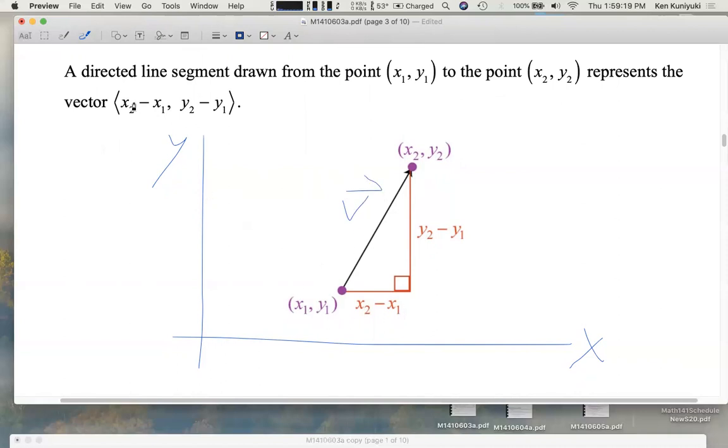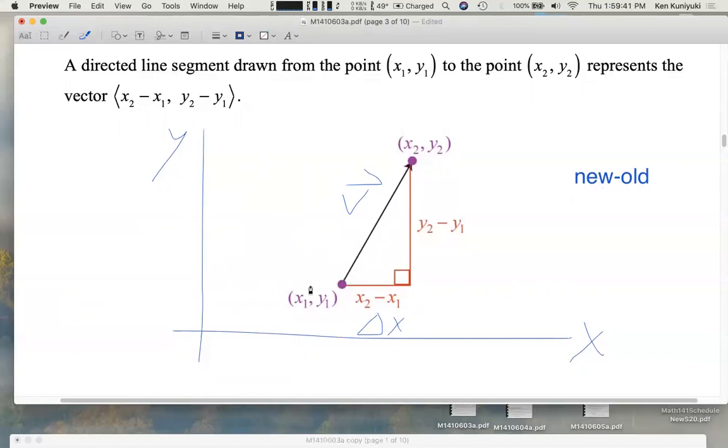Well, for the horizontal component, it's the change in x, and the order matters. Unlike for slope, where there are two different ways of doing it, the order matters. It has to be the new x-coordinate minus the old x-coordinate. Remember, to get these components, it's got to be new minus old, right? The new x, the x-coordinate of the terminal point, minus the old x, the x-coordinate of the initial point.